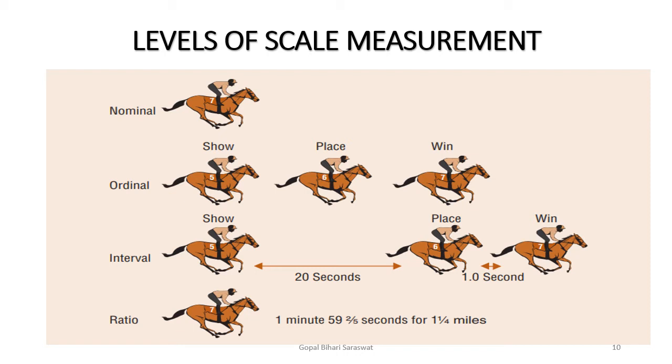The number 7 on the horse is representing either the name of the horse, or you can say it is representing the number 7 horse. 7 does not represent the place or the position of the horse in the race. You cannot say it has rank 7 because of which its name is 7. No, 7 means this is the identity we have provided to this particular horse.